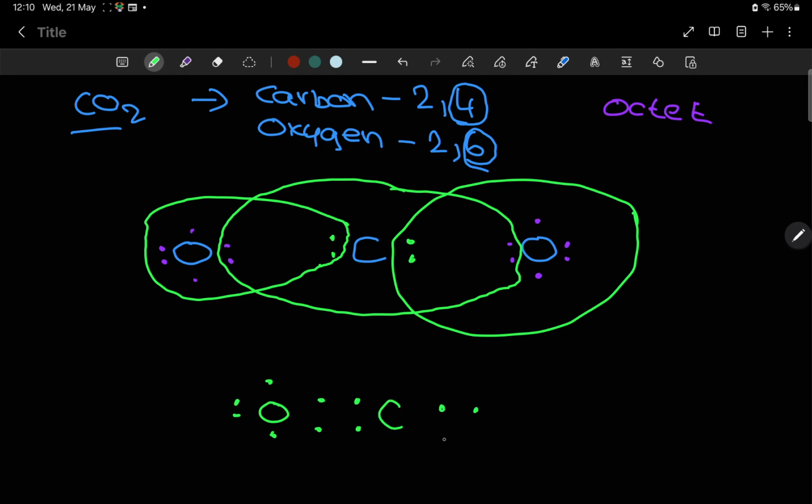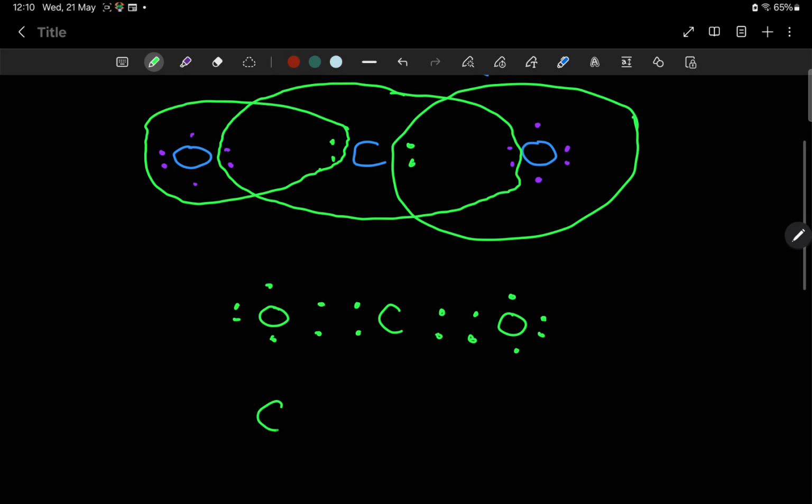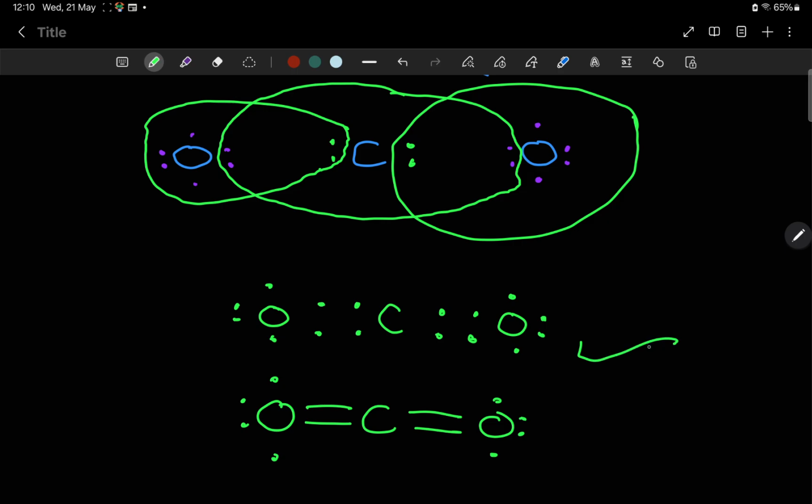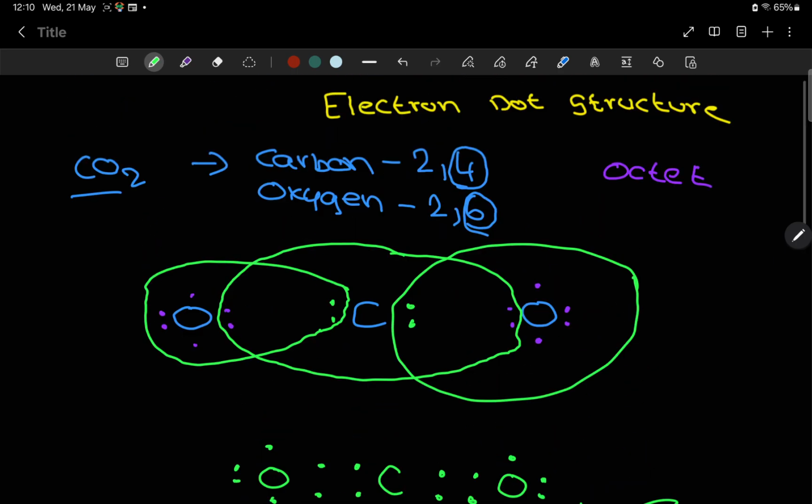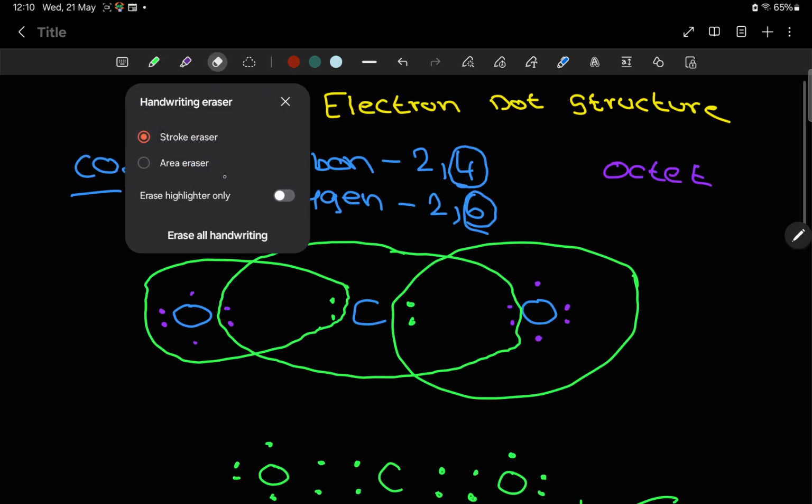Carbon has 4 electrons again, and oxygen 4 electrons. So these 4 electrons are shared and these 4 electrons are shared. So this can be written as oxygen double bond carbon double bond oxygen. Now let's try another compound.